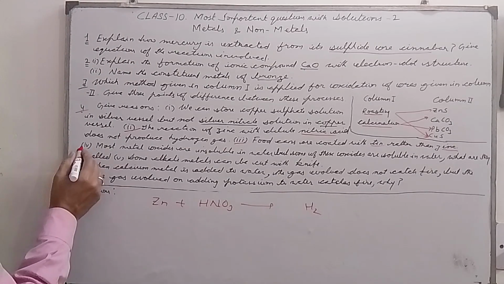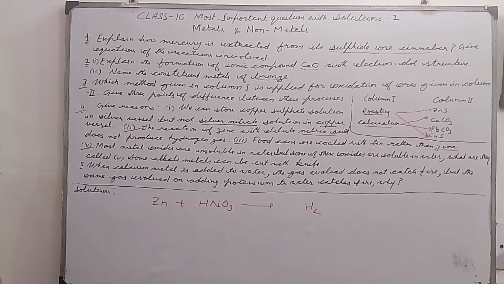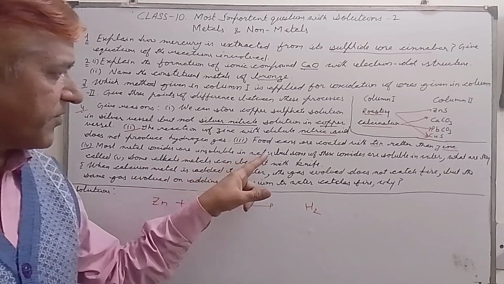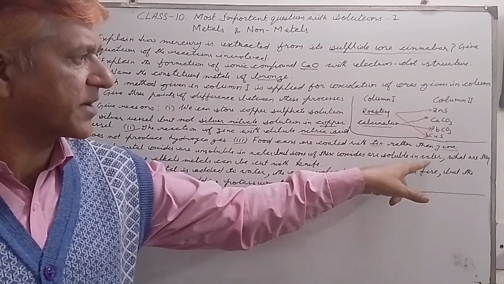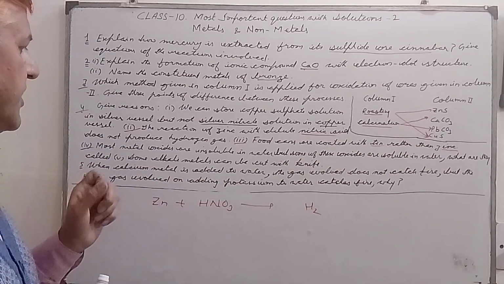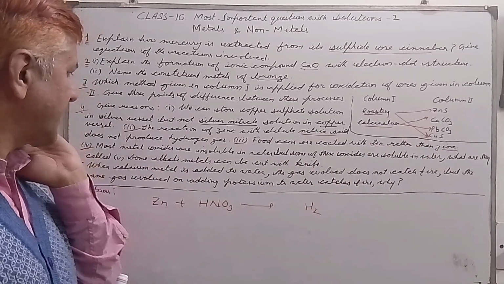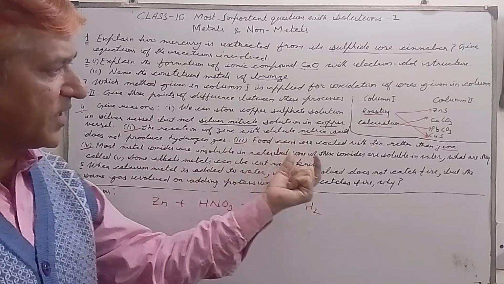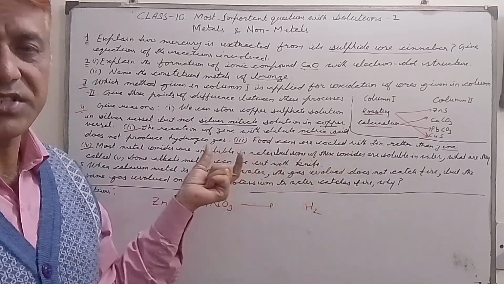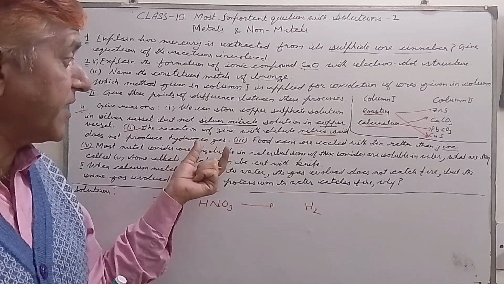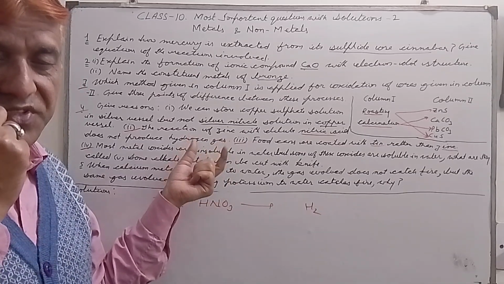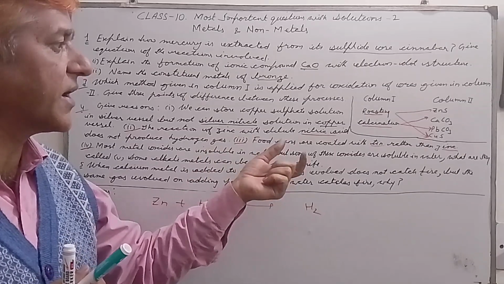Next is the fourth part. Most metal oxides are insoluble in water, but some of these oxides are soluble in water. What are they called? My dear students, the metal oxides which are soluble in water are basic in nature, and the metal oxides and bases which are soluble in water are called alkalis.